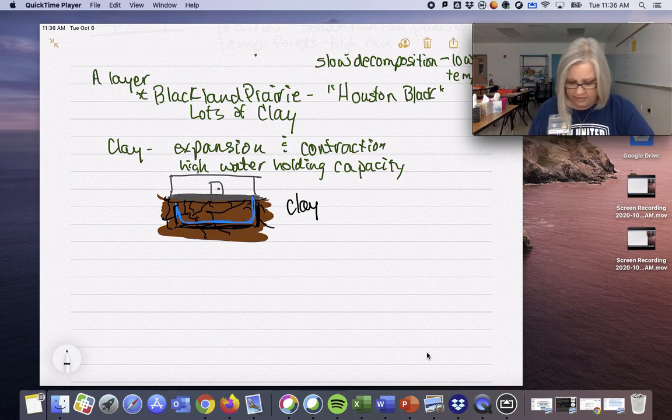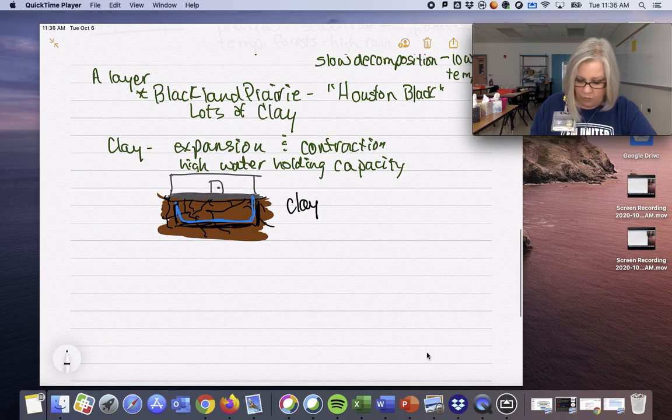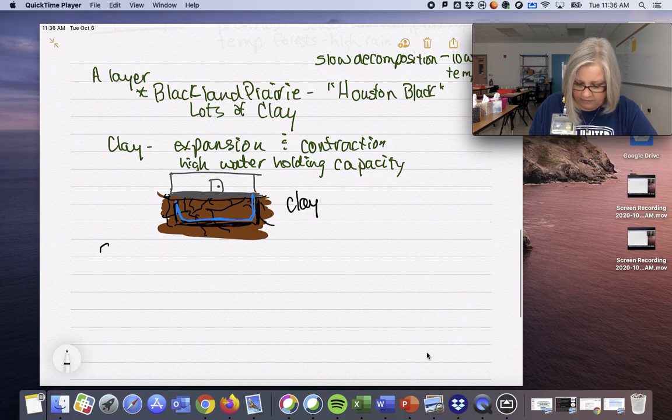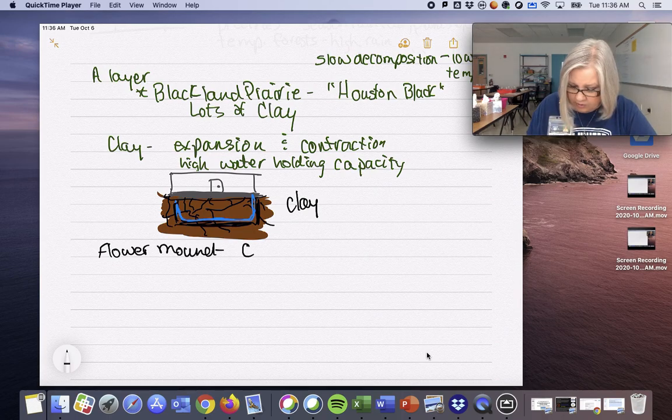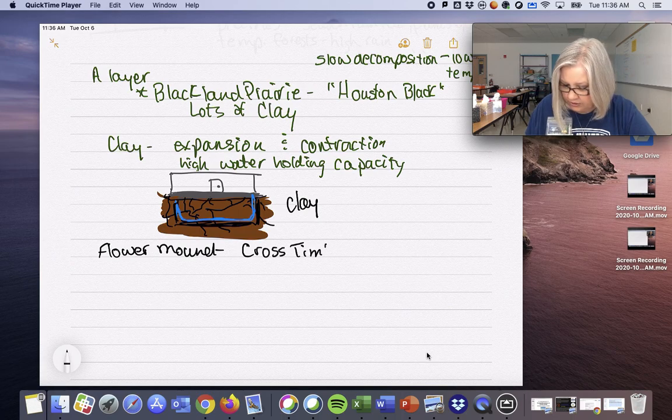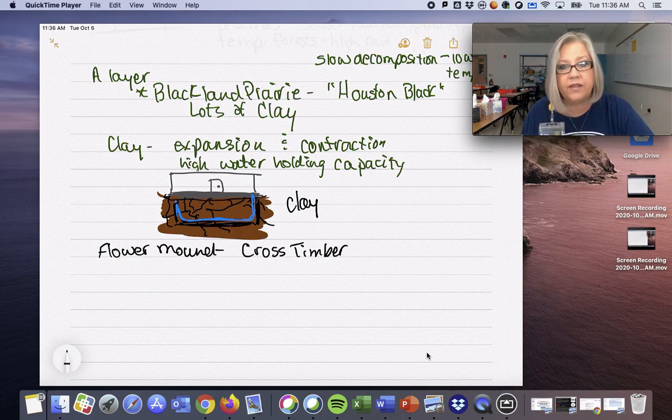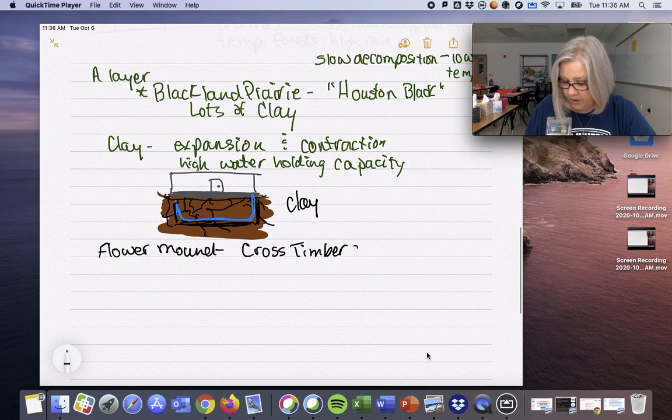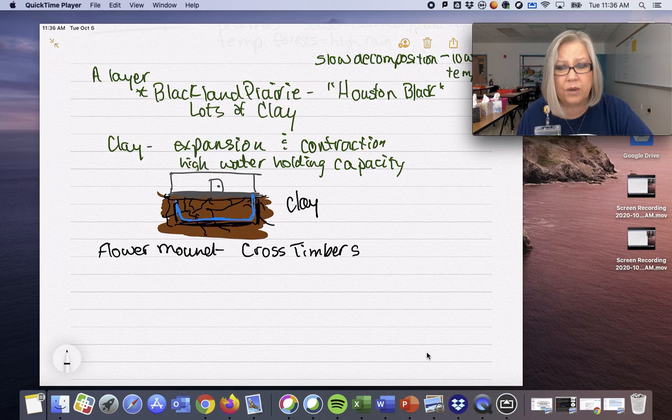The other thing that's important to know is that Flower Mound is in an area known as the Cross Timbers. Now, if you go just a little bit east, you're going to find yourself in the Blackland Prairie. But here we're in the Cross Timbers.